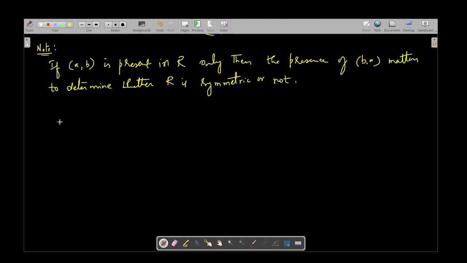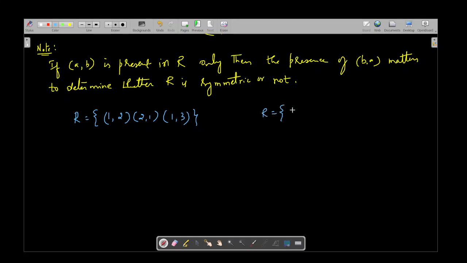So what does it mean? Let us take an example to understand this. If I have R equal to {(1, 2), (2, 1), (1, 3)}, this is my one example.